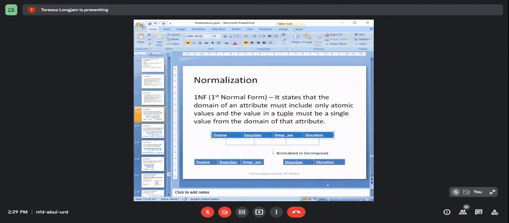At that point, D location will also depend on D number, but there are going to be multiple values of those, and these two are going to be the key. So as it is a multi-valued attribute, whatever values it has still depend on D number. Okay, so the functional dependency preservation property is also maintained.